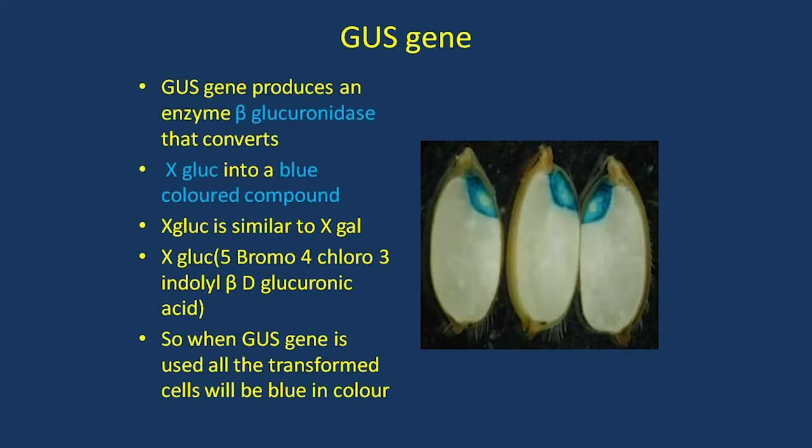When Gus gene is used as the marker gene, all the transformed cells will be blue in color. Now remember, Gus gene is also an example of a reporter gene. A reporter gene produces an enzyme that catalyzes a color reaction by which transformed cells can be identified.